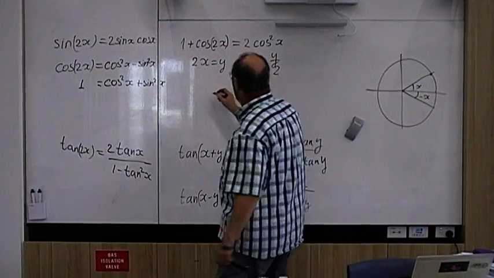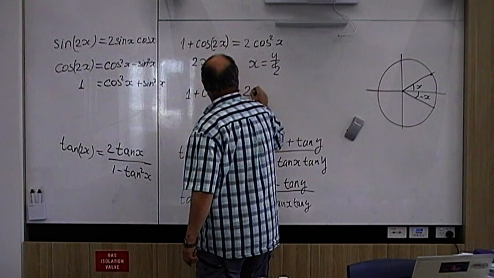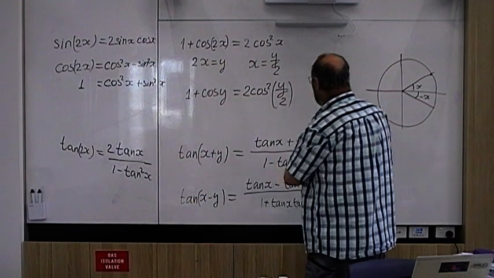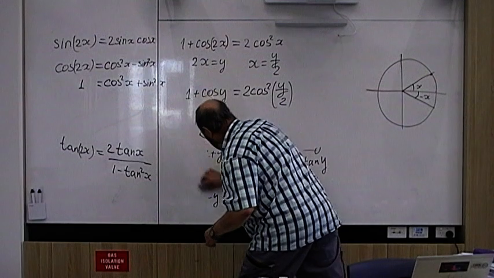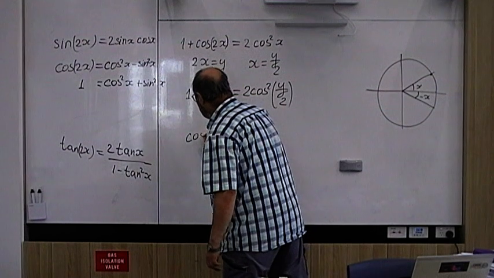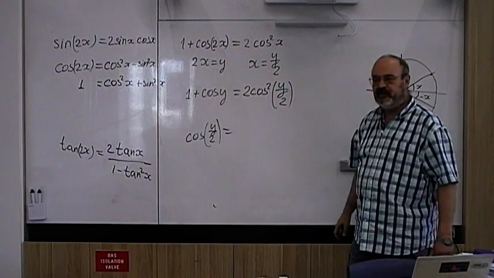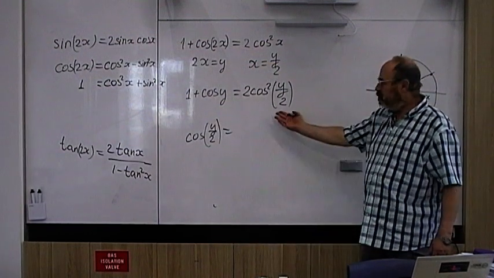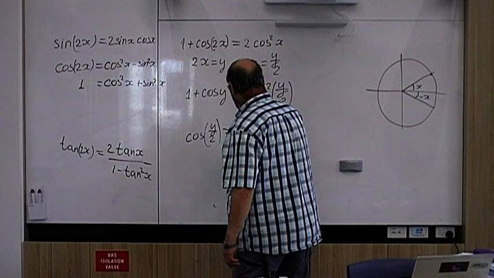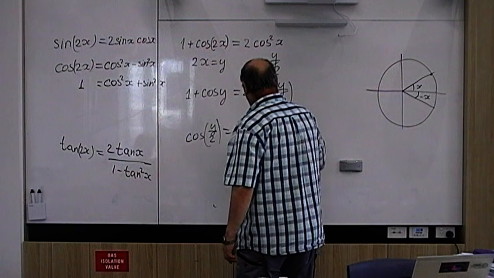We will get 1 plus cos y equals 2 cos squared y on 2. What will cos y on 2 equal from here? The square root, plus or minus. Plus or minus, excellent. Plus or minus the square root of 1 plus cos y over 2.